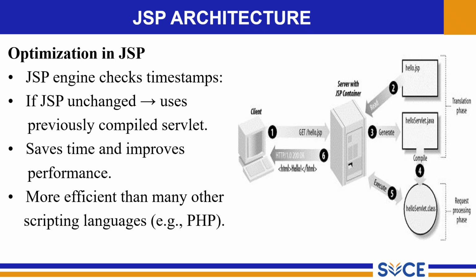Because JSP is compiled into servlets and reused across requests, its execution is generally more efficient compared to many scripting-based technologies such as PHP, where pages are interpreted more frequently. Overall, this timestamp checking and reuse strategy helps JSP deliver better scalability, stable performance, and quicker page loading in dynamic web applications.